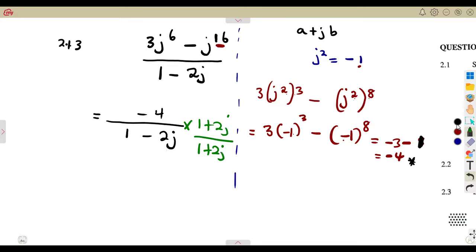So this is where we are. We can expand here. Minus 4 multiplies the 1, minus 4 multiplies the 2j. Remember expansion. Minus 4 times 1 is minus 4. Minus 4 times 2j is going to be minus 8j.